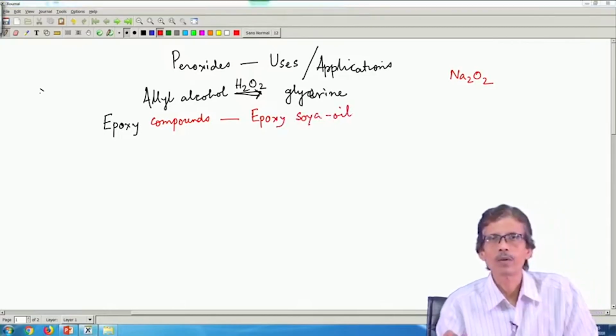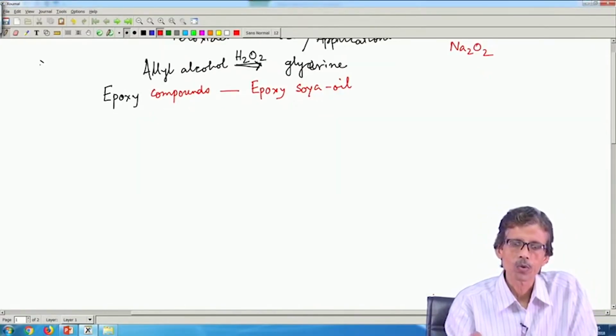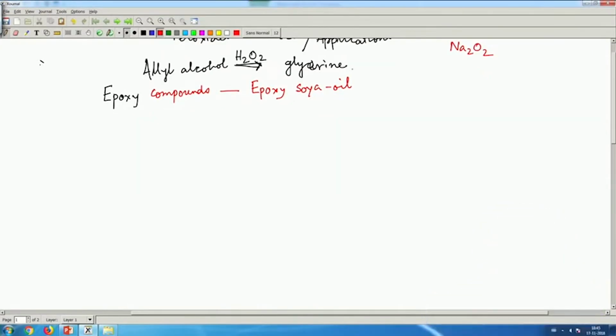Instead of hydrogenating that oil, you can go for the corresponding epoxide formation. This epoxidized soya oil is useful as a plasticizer for making polyvinyl chloride, that is, as a plasticizing material for PVC production.